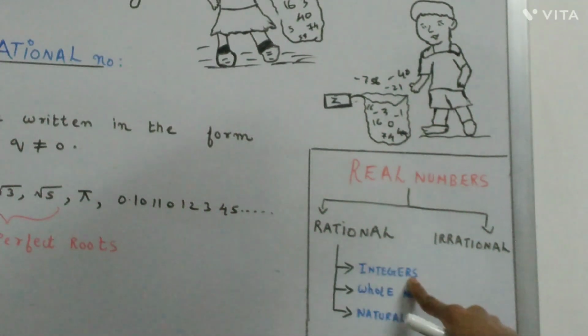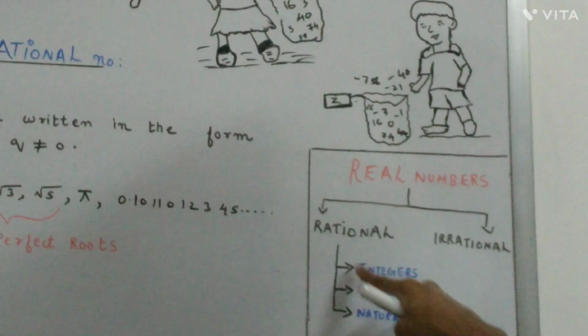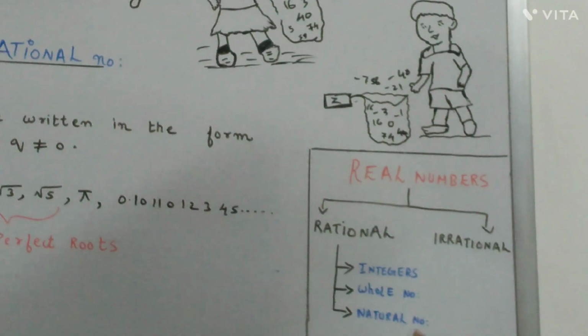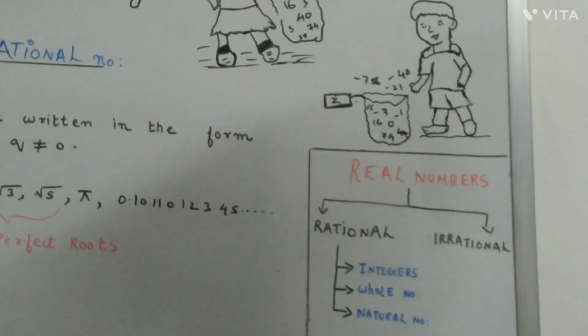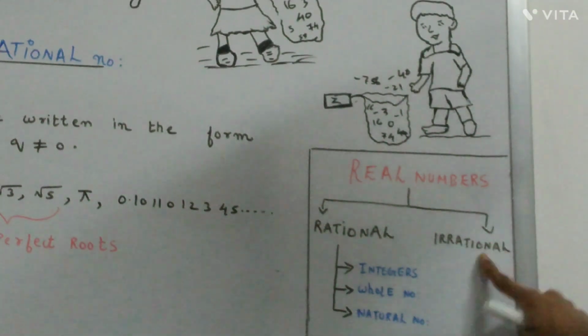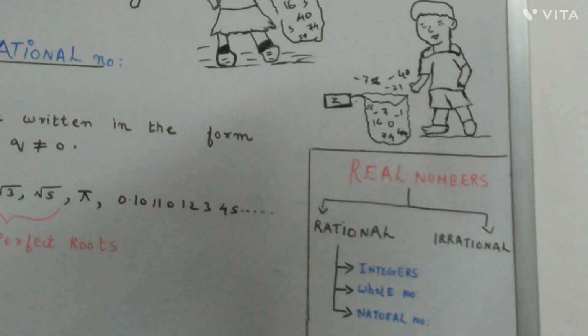Rational numbers can be expressed in the form of p by q, and include integers, whole numbers and natural numbers, while irrational numbers cannot be expressed in the form of p by q. I hope I am clear with it. If anyone wants, they can make a note of this flowchart.